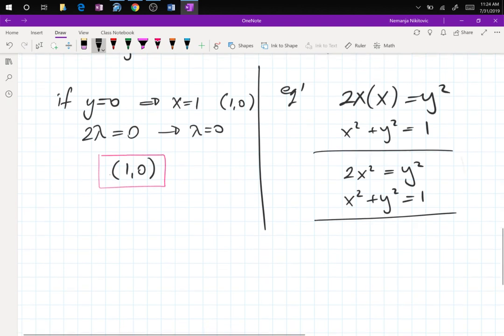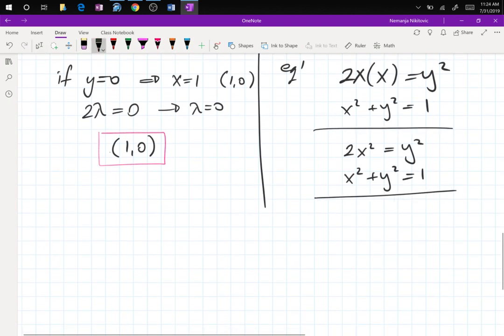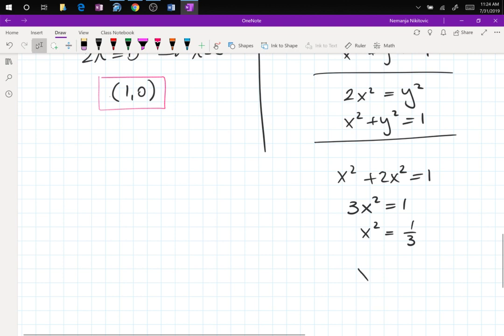So now we can use the substitution rule, and we have x squared plus 2x squared equals 1 when I plug the top equation into the bottom, replacing y squared. And I get 3x squared is equal to 1. X squared equals 1/3, from where x is equal to plus minus root 3 over 3 when you rationalize. So I have my x's, and I can now solve and get y's.